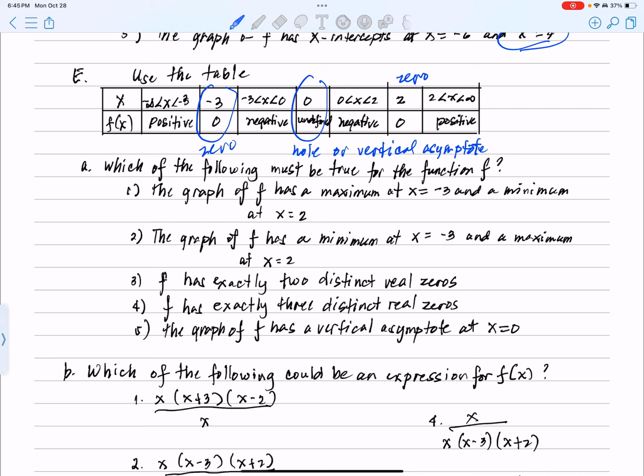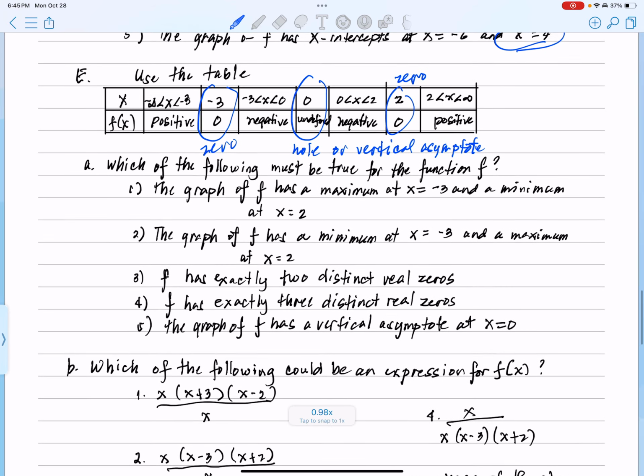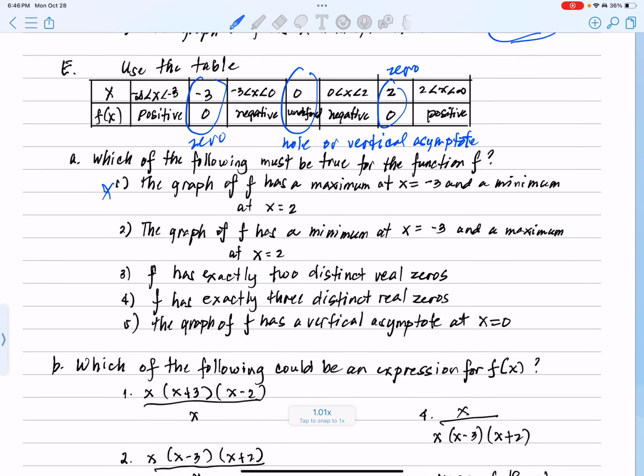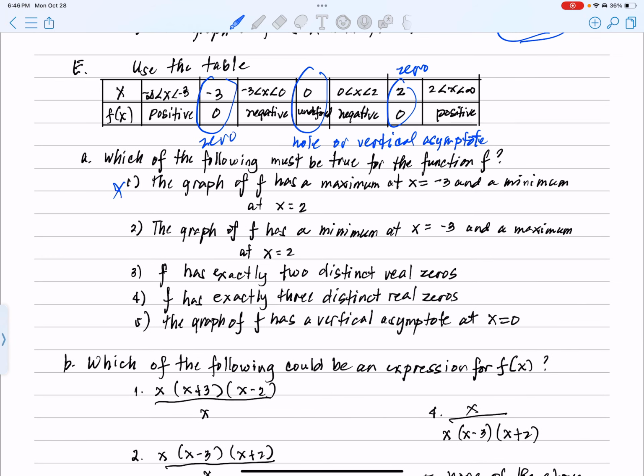This is a 0. The graph has a maximum at negative 3 and a minimum at 2. No, it's not. The graph has a minimum at negative 3 and a maximum at 2. No, it's not. f has exactly 2 distinct real zeros.